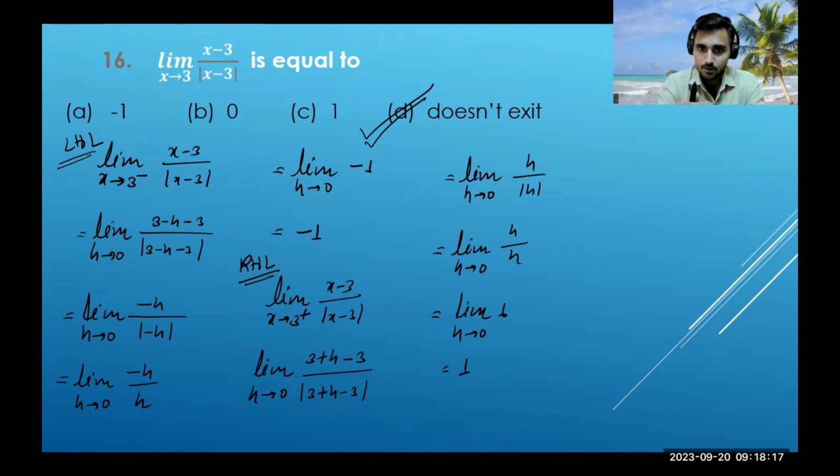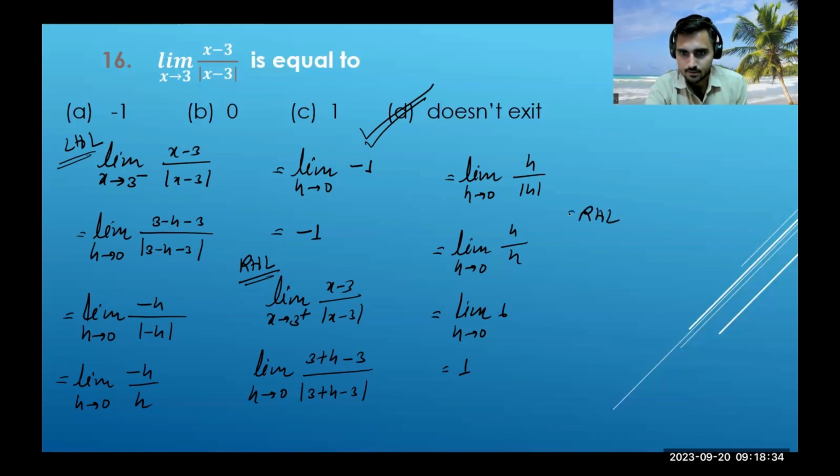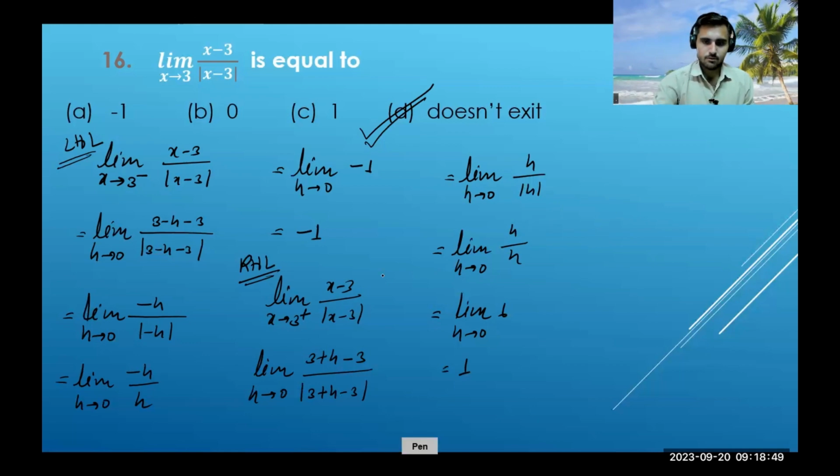But if the limit is infinity, it means both limits, LHL and RHL, are equal to infinity. So in that case, the limit exists. But if RHL and LHL are not equal, it means the limit does not exist. Both values are not equal. But in that case, both values are equal. So that's the difference between infinity and limit does not exist.